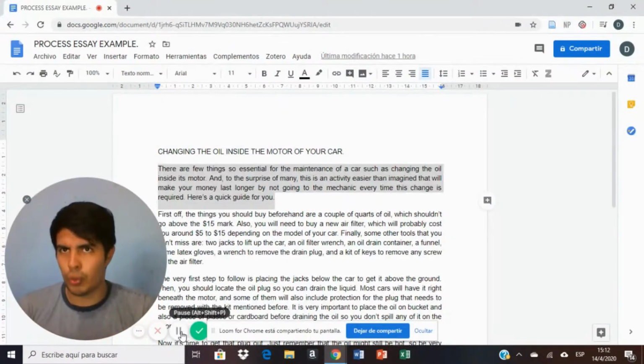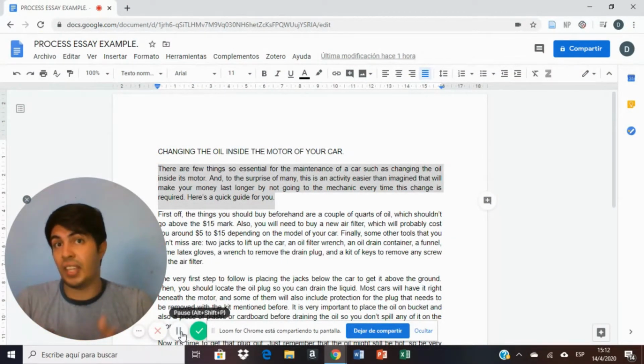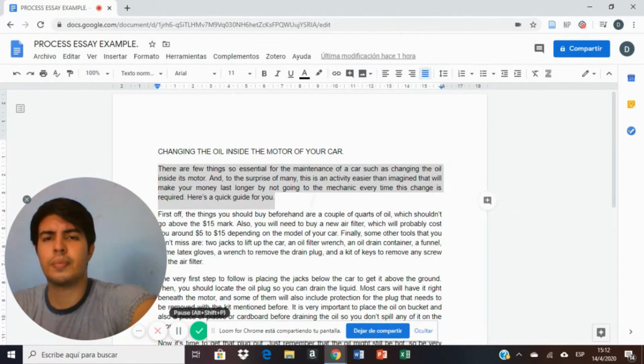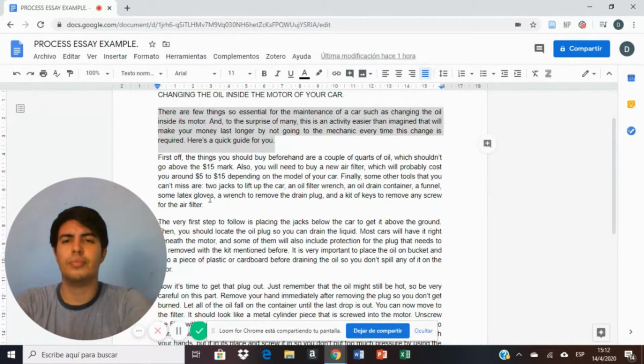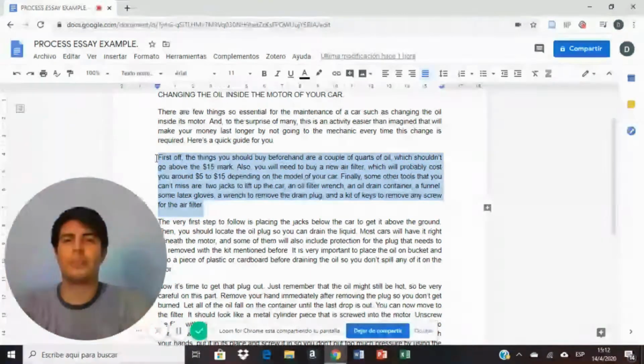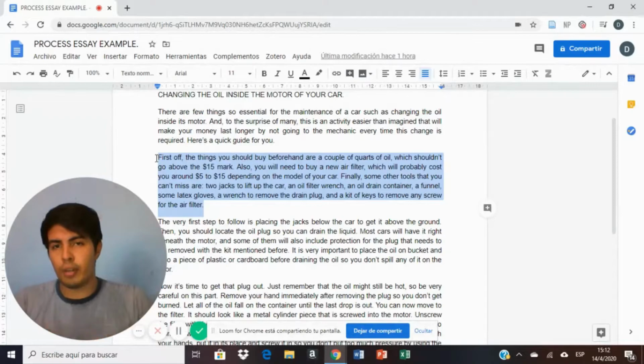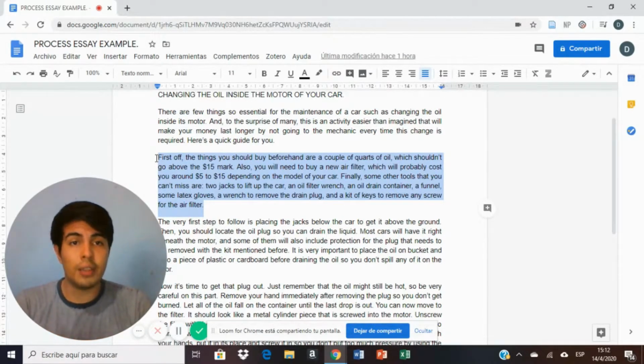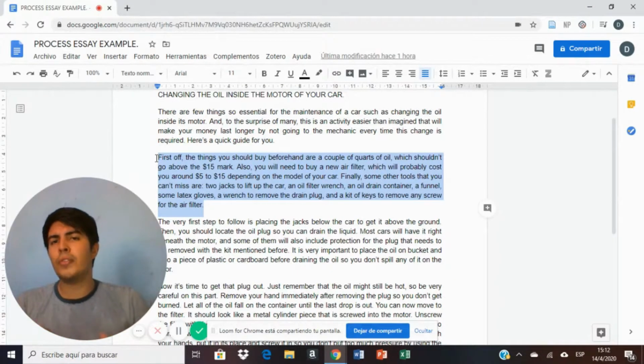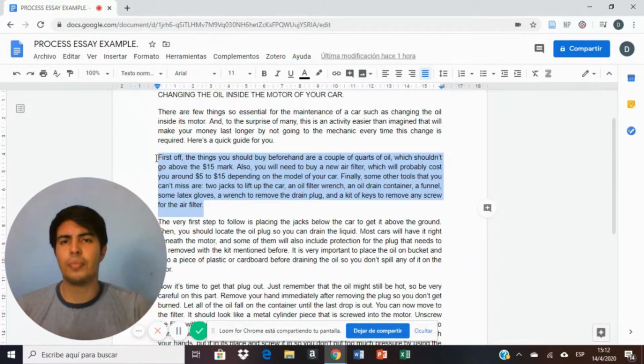That was the introduction. Within the essay, we find the body, in which the development of the process begins step by step. First off, the things you should buy beforehand are a couple of quarts of oil, which shouldn't go above the $15 mark.